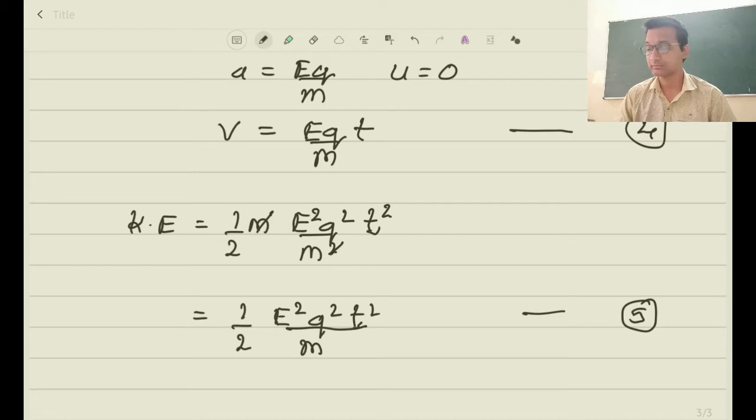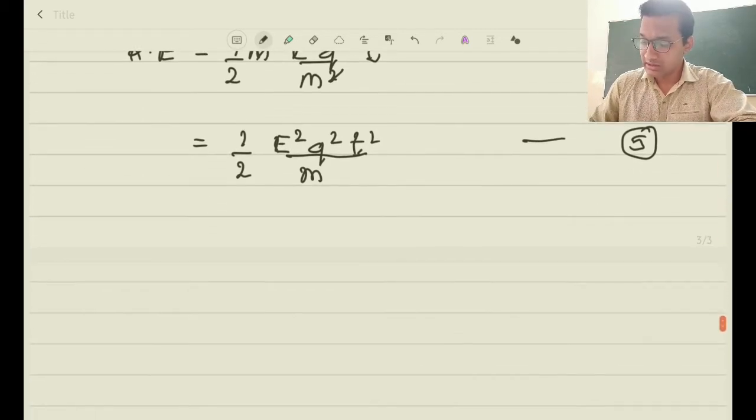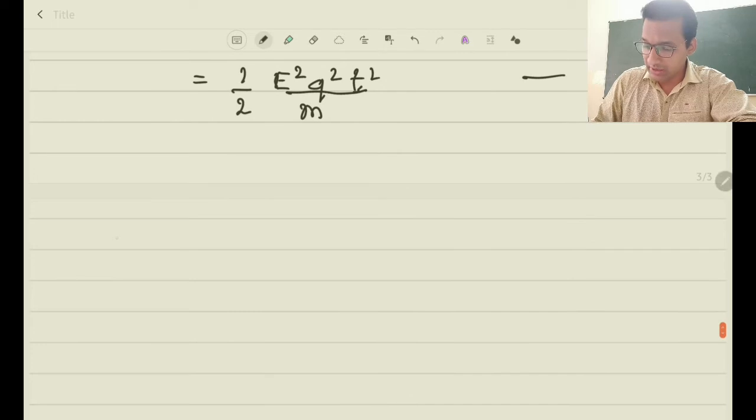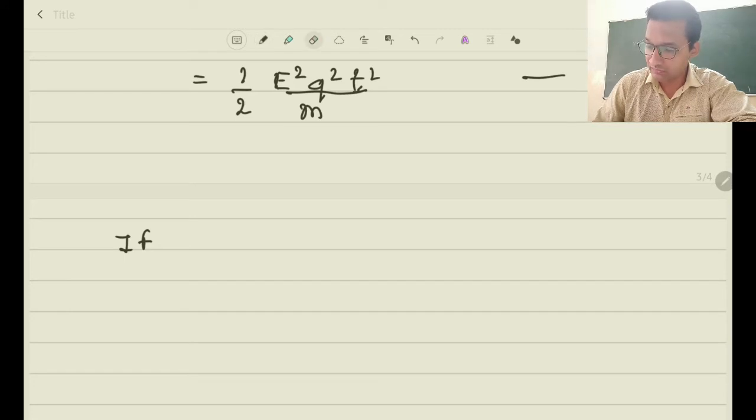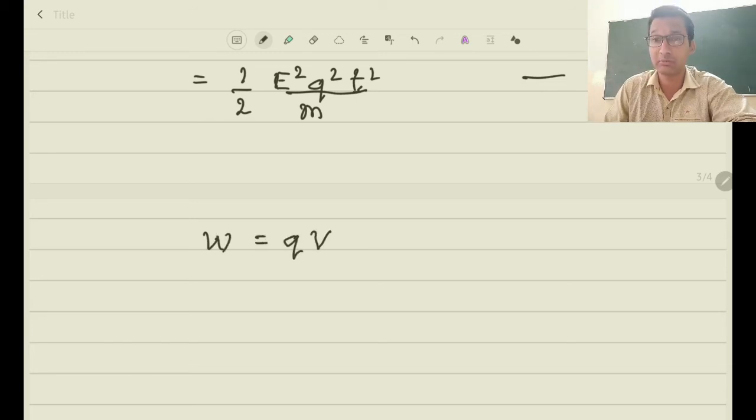Next is, if we consider the charged particle to be an electron, we know that the equation for work is equal to q into v. V is the potential.